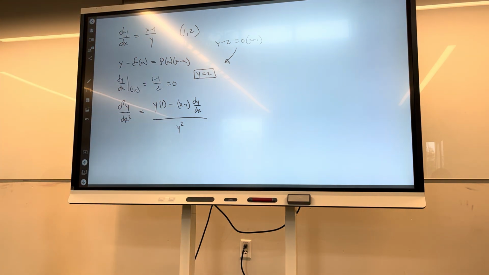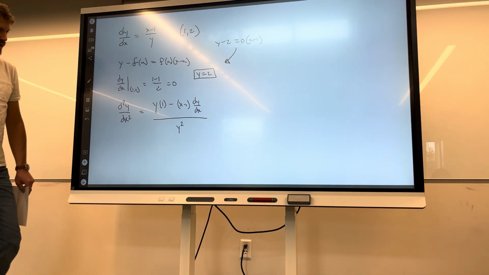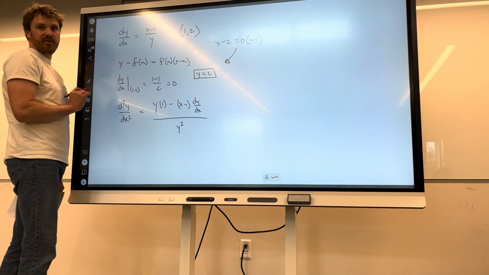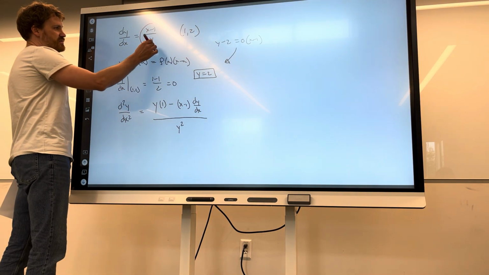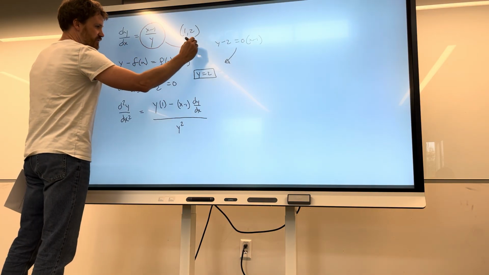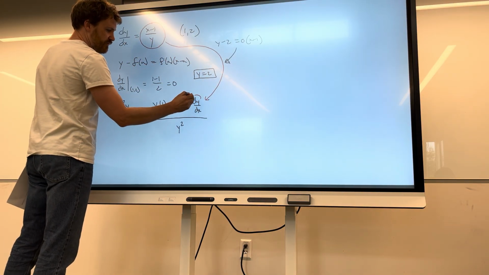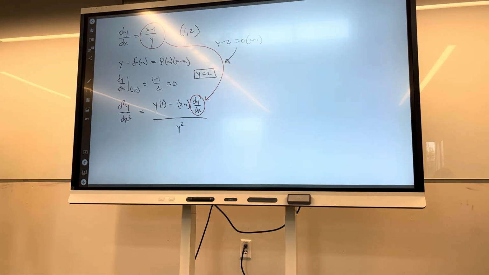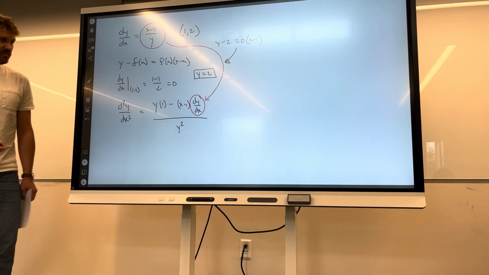So that's the derivative, but it's not in terms of x and y, because we have this dy/dx in here. But since we know what dy/dx is, we can substitute that in for dy/dx here, and then we can write our entire second derivative in terms of x and y, instead of having it also depend on dy/dx.